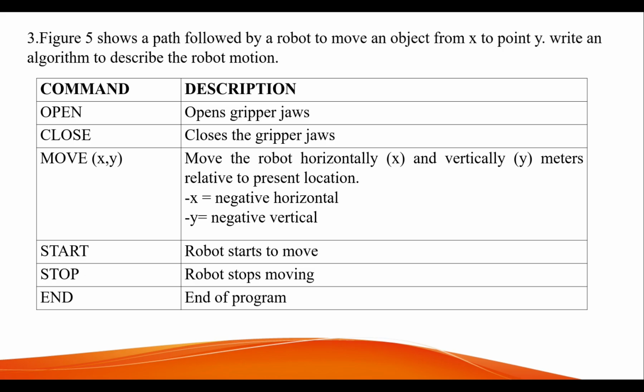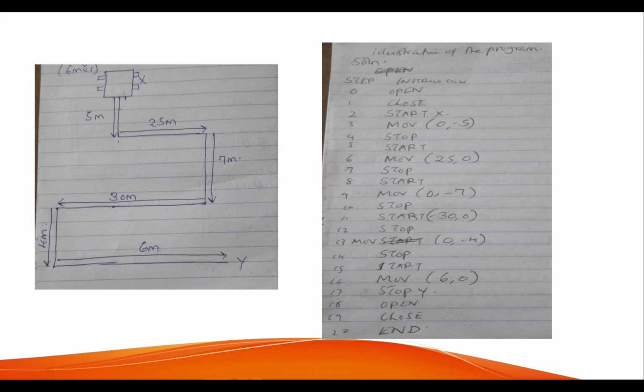So here it was resembling almost the first question, whereby you've been given a trace path of a robot. Now you're told to write an algorithm. So that was the trace path, whereby it was 6 marks the robot at x, then those were the distances it has to move.